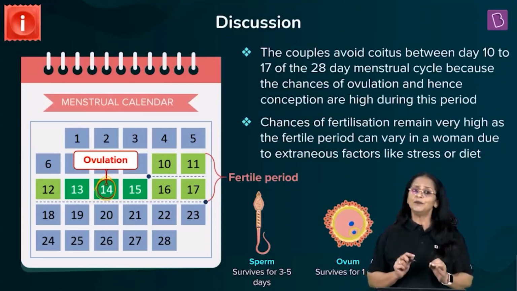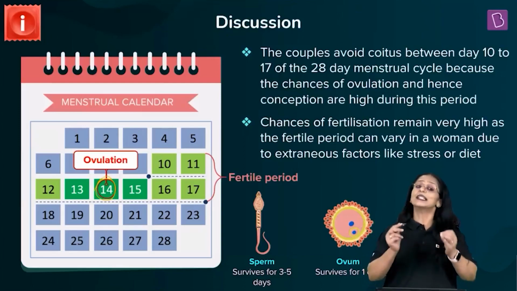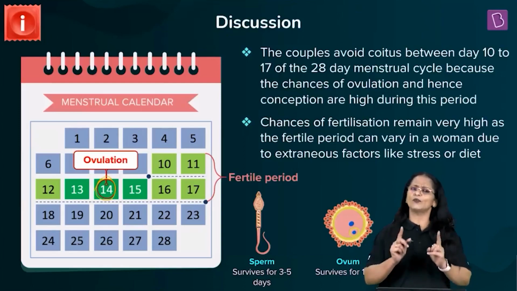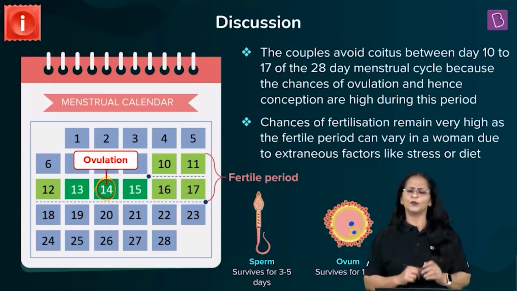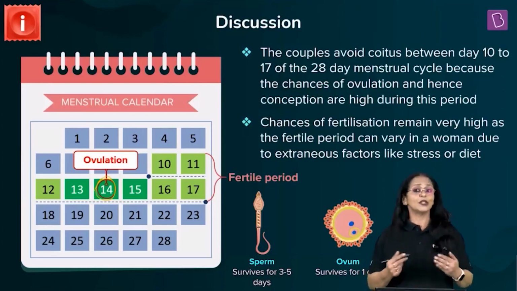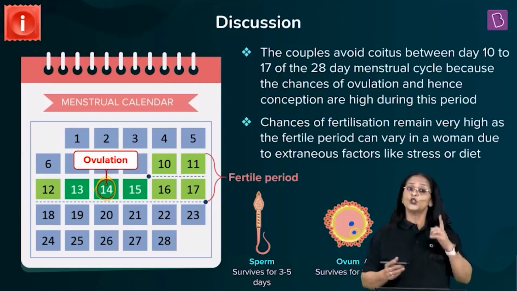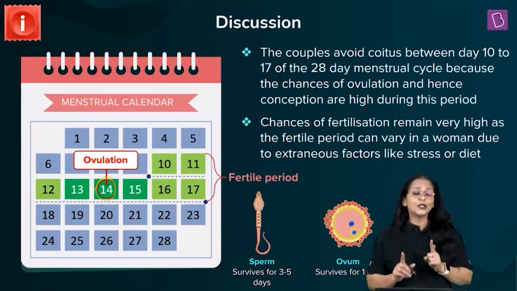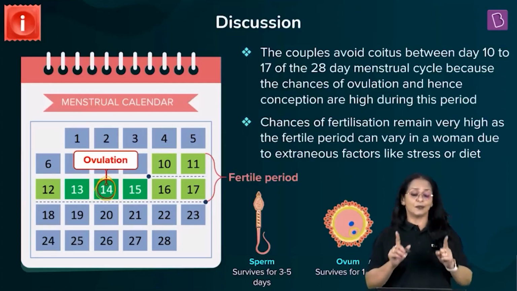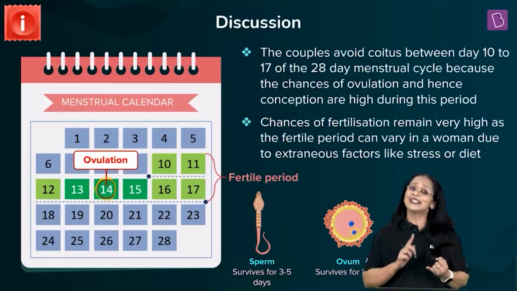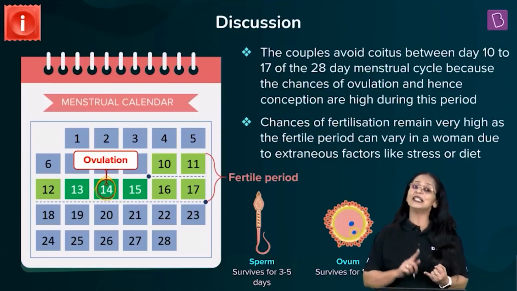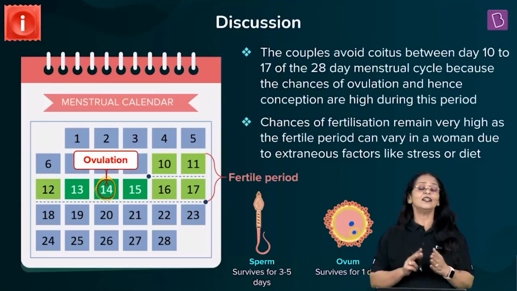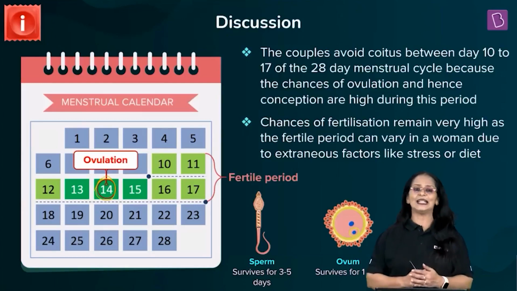Now, the ovum, the released secondary oocyte, lasts for about 1 day. It's viable for about a day. Sperms, on the other hand, are viable for about 3 to 5 days. So, if there is coitus without any contraception during this period, chances of conception are very high and the woman may get pregnant, right?